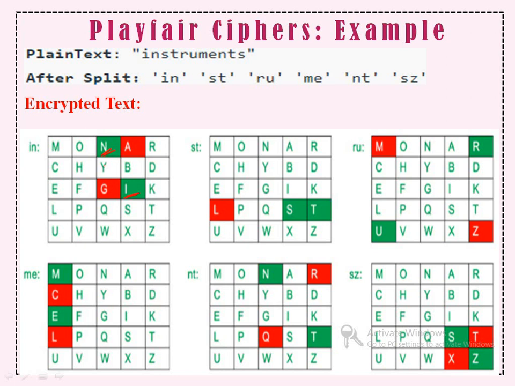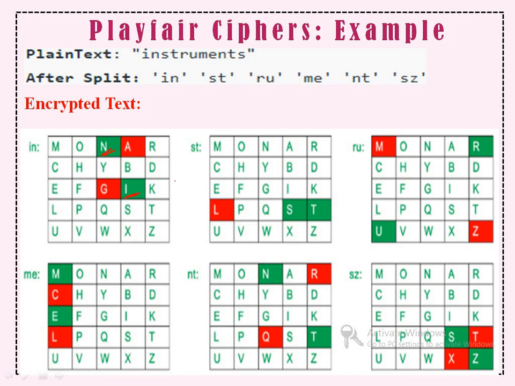Do they form the second rule? Are they in the same row? No. Are they in the same column, the third rule? No. So basically they are following the fourth rule. That means they are neither in the same row nor in the same column.